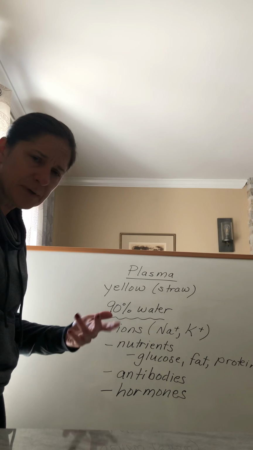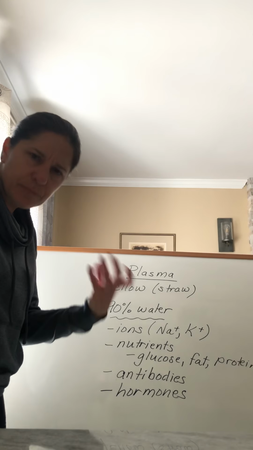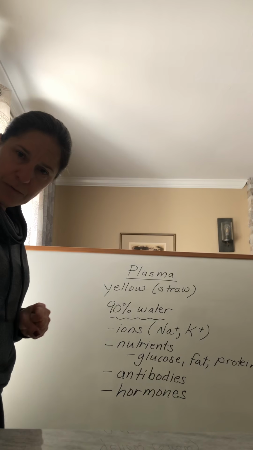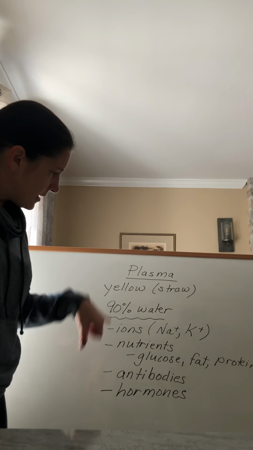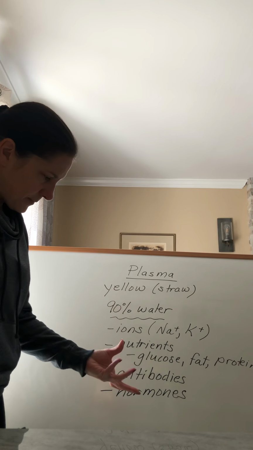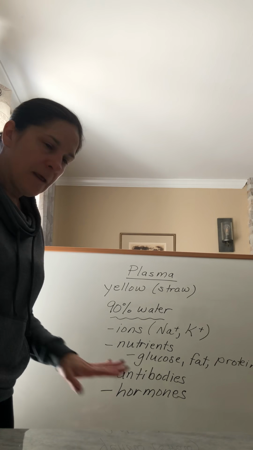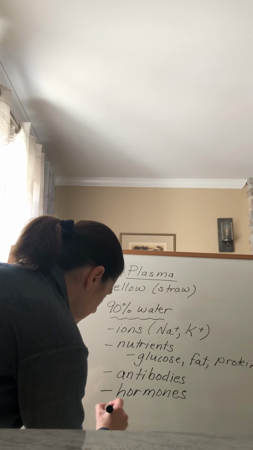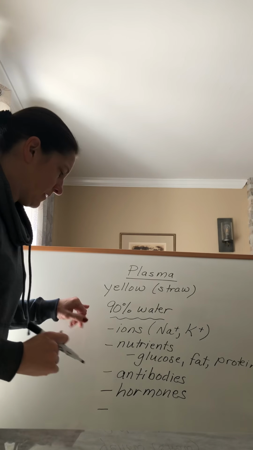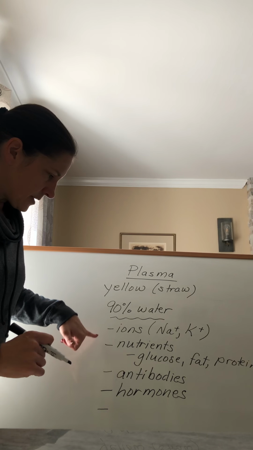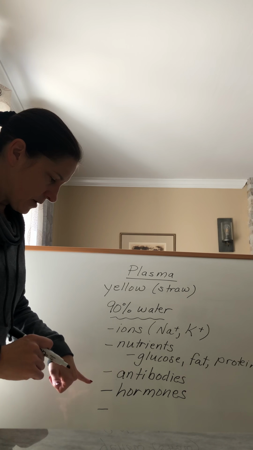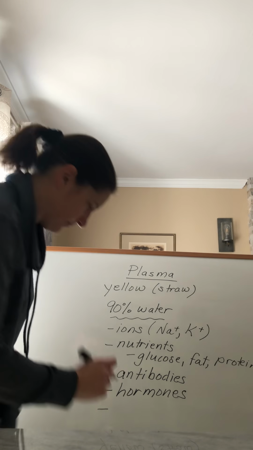All of the hormones that we discussed, we said you would look at blood hormone levels. This is where you would pull from to do an assay to see what types of hormones we're looking for, at what level, and for what reason. So we're going to have ions, nutrients, antibodies, hormones, all important.